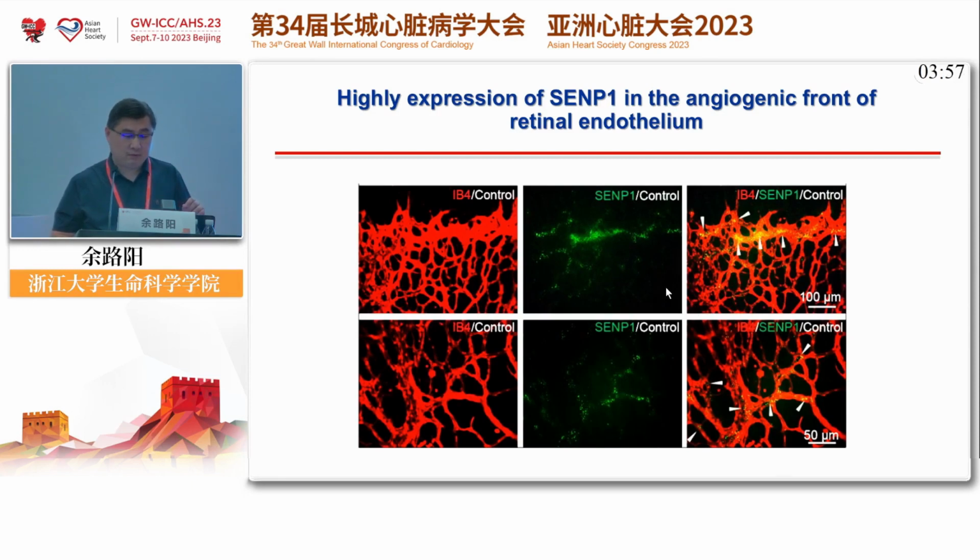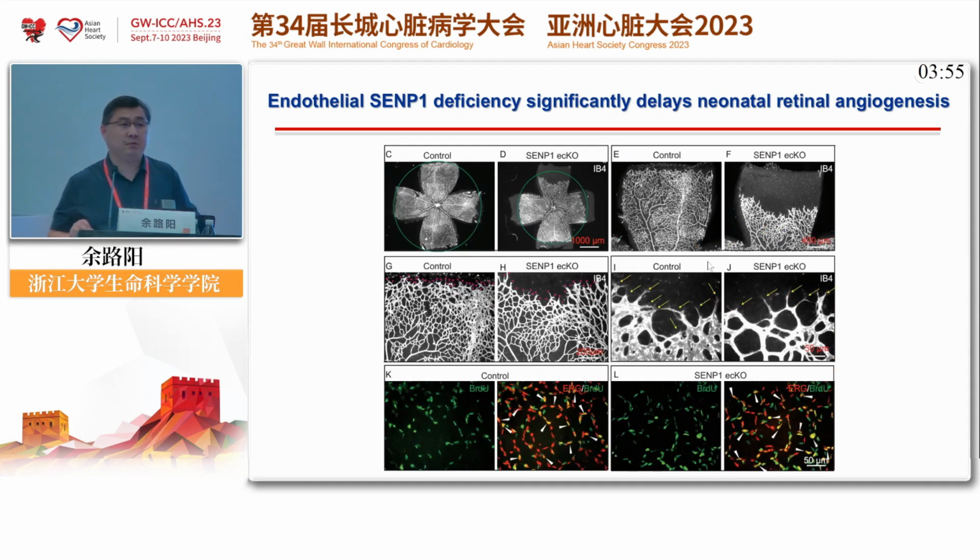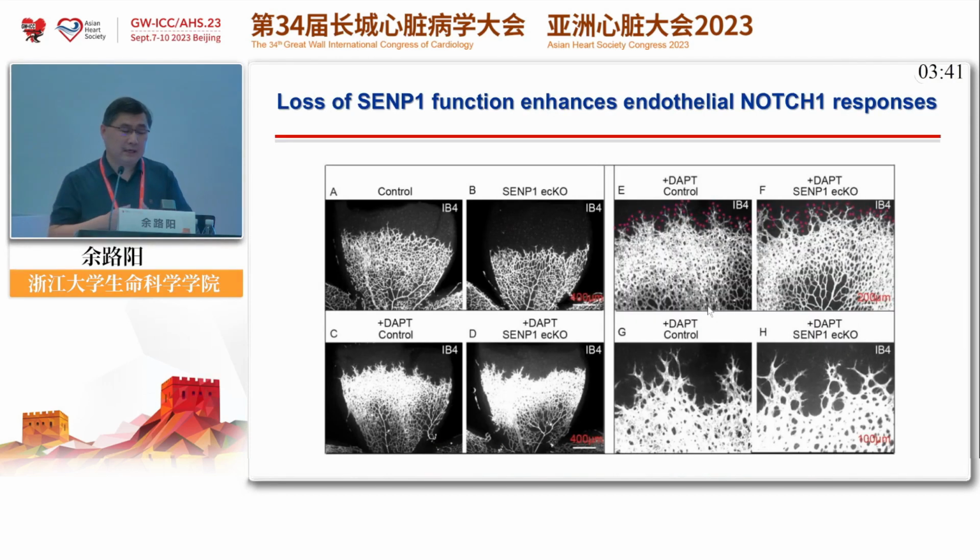Once we knocked out SENP1 in the endothelial cells, it showed retarded angiogenesis, evidenced by the vascular area and also the tip cell and filopodia numbers. Because we see this inhibitory phenotype, we gave the mice an inhibitor of Notch, and it can mostly rescue the phenotype.